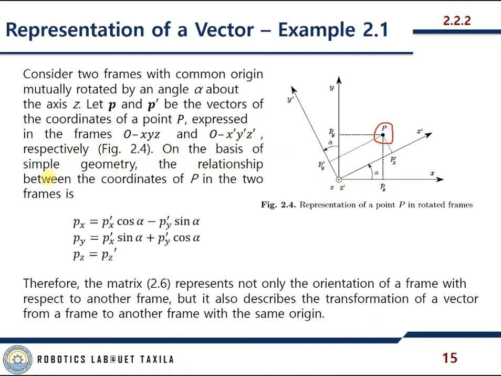On the basis of simple geometry, the relationship between the coordinates of P in the two frames is this one. So Px is equal to Px bar cos alpha minus Py bar sin alpha. You can verify it.